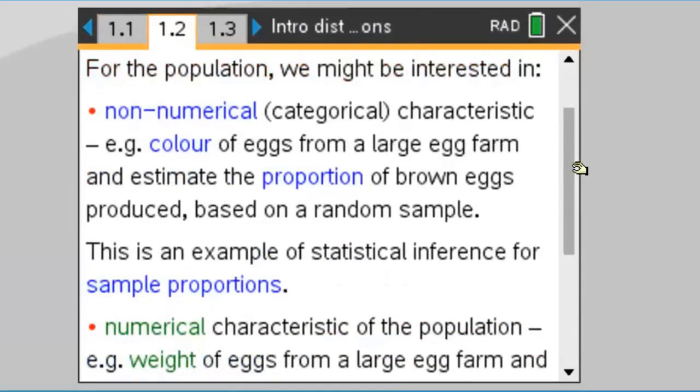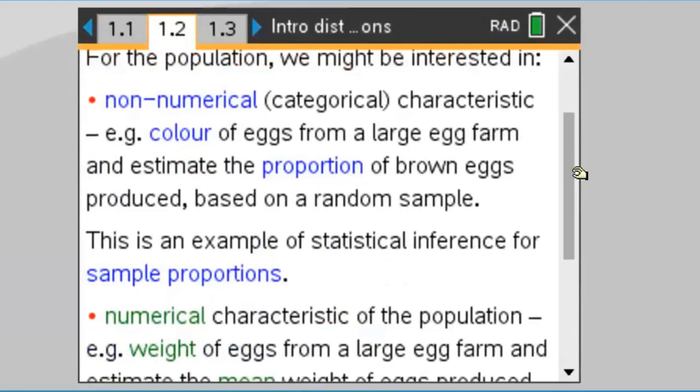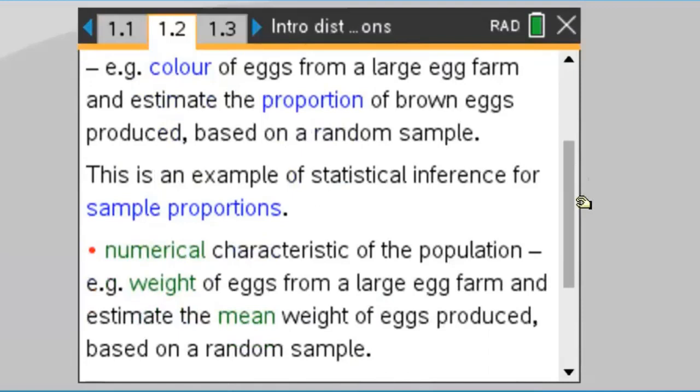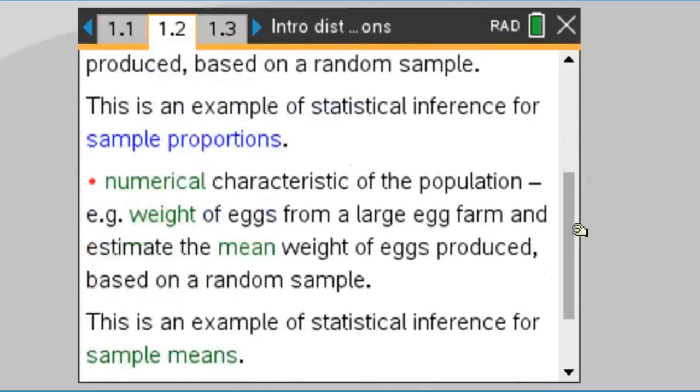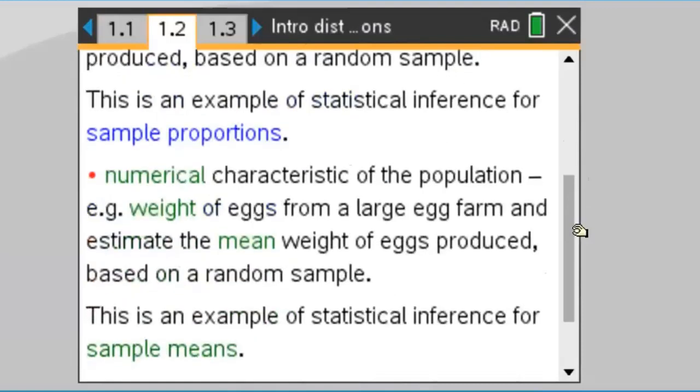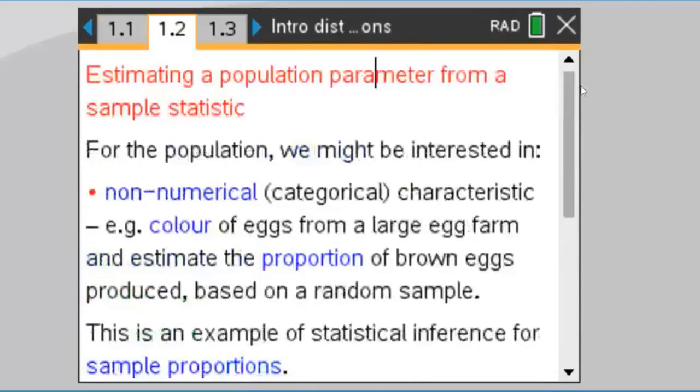And that would be an example of statistical inference for sample proportions, which is what I'll be talking about. Alternatively, it might be a numerical characteristic, such as the mean weight of eggs produced. So that would be an example of statistical inference for sample means, which is what Peter will be talking about.